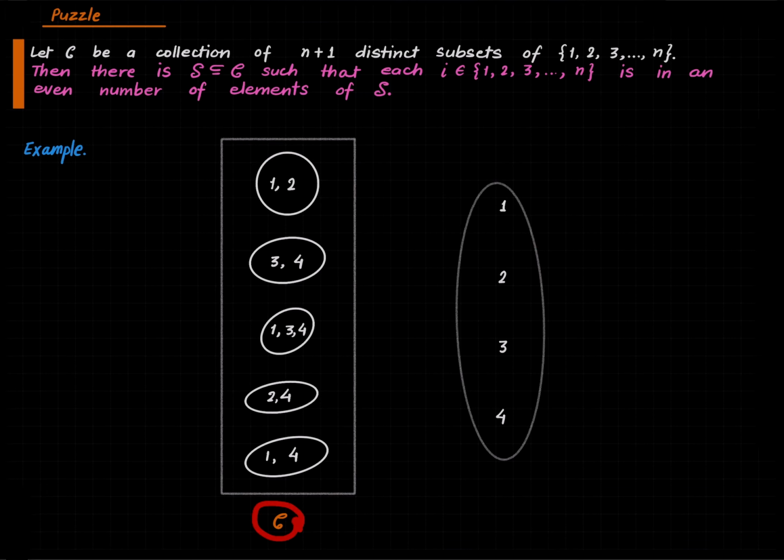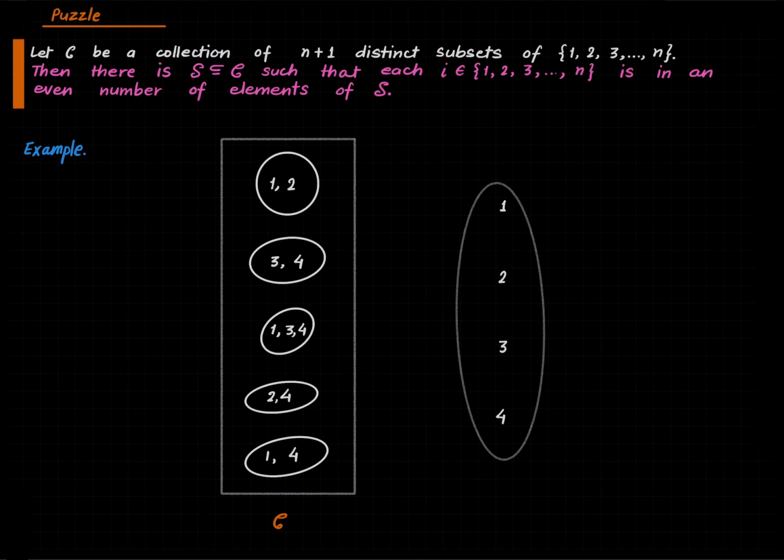Clearly, the family C itself doesn't have that property because the element 1 lies in 3 of them, not an even number. So clearly we have to drop some members of this family, and maybe we will retain some elements which conform to this proposition.